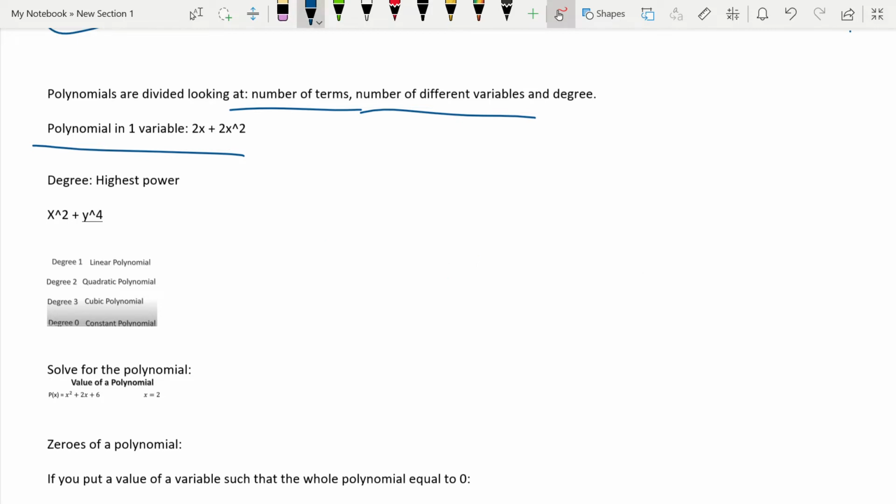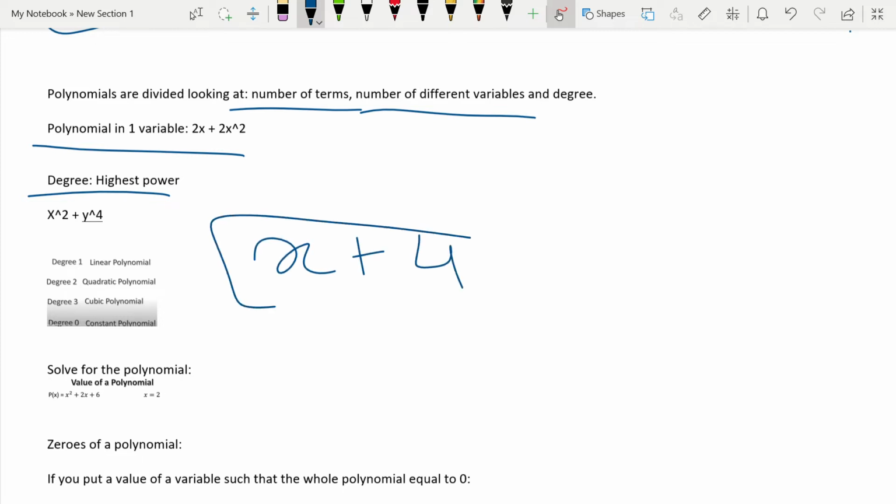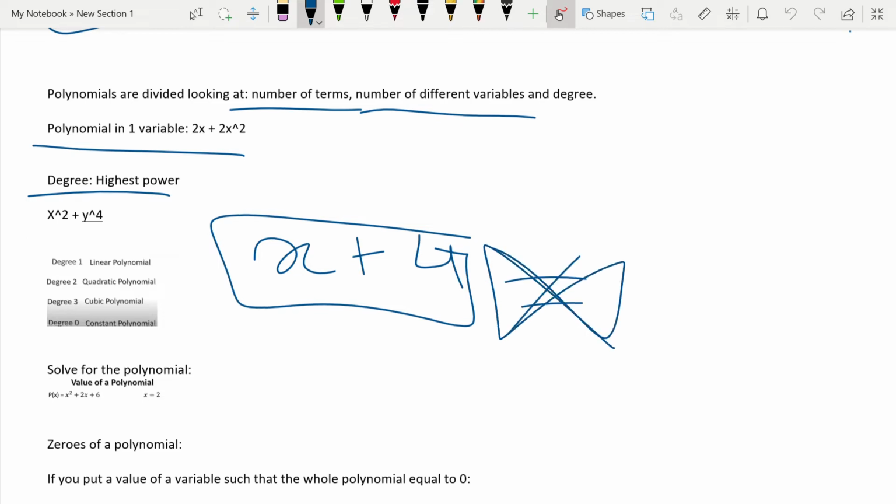Degree. Degree is the highest power in the expression. Now, you may think, what's an expression? We have learned this in earlier classes, but an expression, just saying, is x plus 4. Basically a pattern or group of terms, but there is no equal sign. If there is an equal sign, then it's an equation.